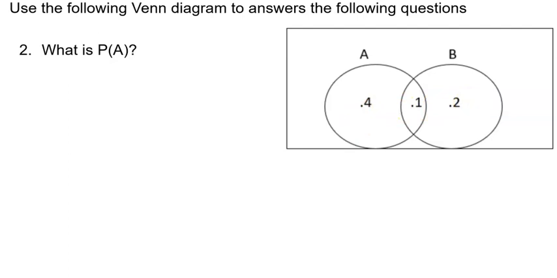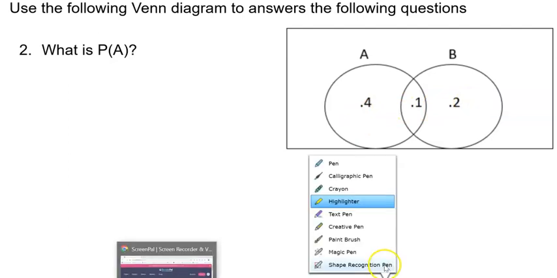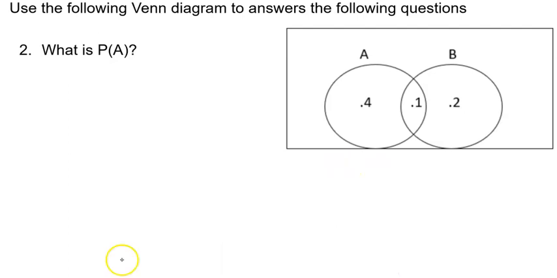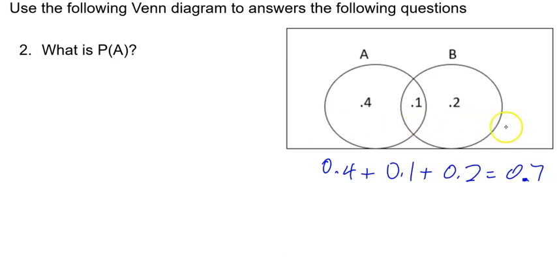If you look at the probabilities you've given us, I've got 0.4 plus 0.1 plus 0.2. That's only 0.7. Well, if you remember from earlier in this unit, all probabilities must add up to 1. What that means is a probability of 0.3 is on the outside.